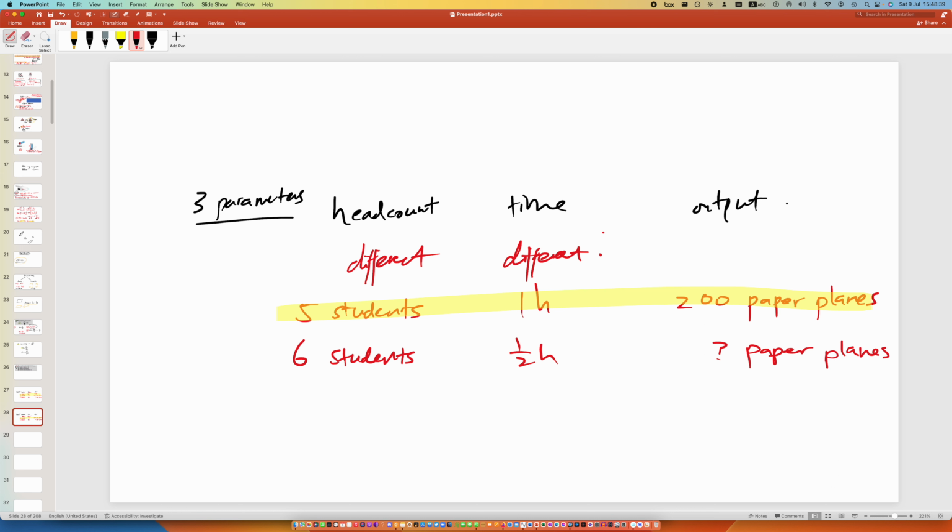Two different. So when can you do? One same, one different. Two different, can do or not? No. So what you need to do is, you need to do one same, one different first. So what I suggest is, you want to make the time the same or you want to make the student the same?